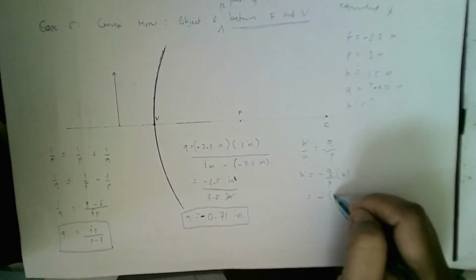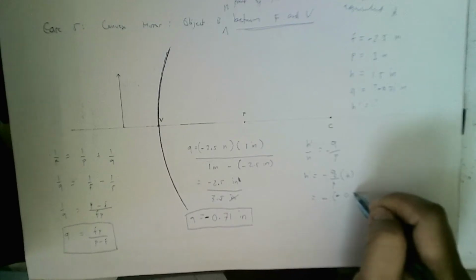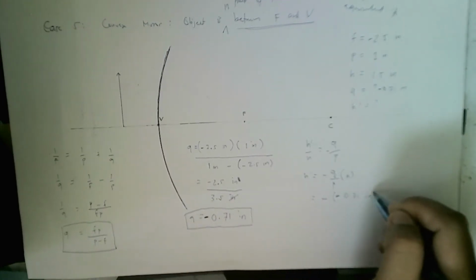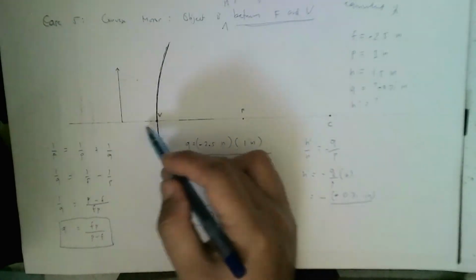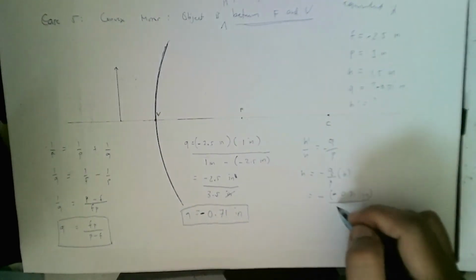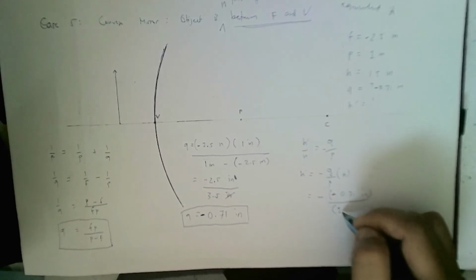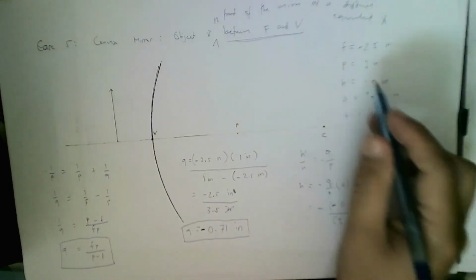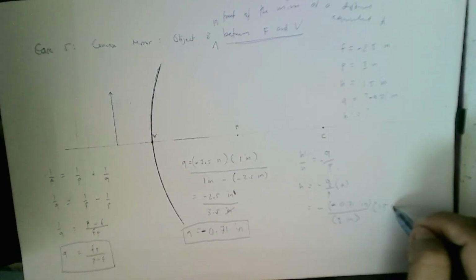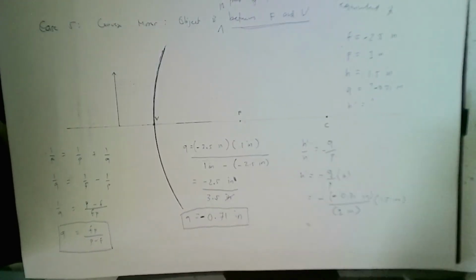So this should be negative 0.71 inch over your P, remember, is 1 inch. Positive, and again, positive means it is in front of the mirror. Times H, which is 1.5 inches.